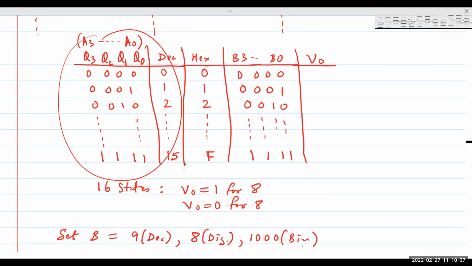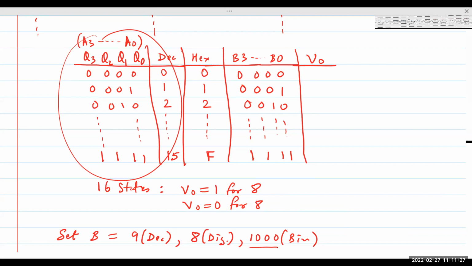So the counter is going through its states, 0, 1, 2, 3, 4, 5, 6, 7. Even when it is 0 through 7, it is still less than 1, 0, 0, 0, right? 8 states, 0 to 7, and it is less than 1, 0, 0, 0.